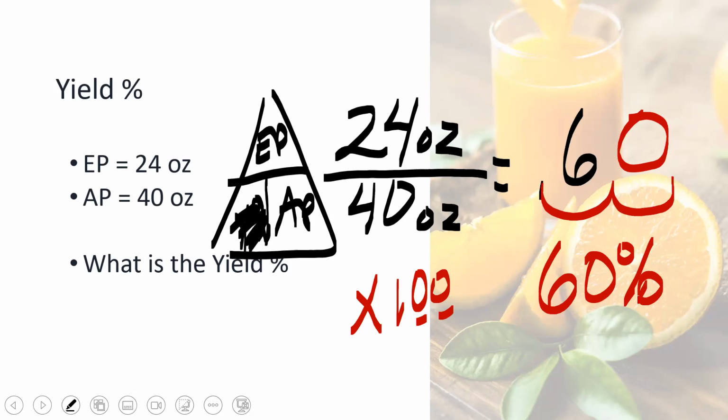So now I can use that 60% yield percentage to calculate either how much to purchase when I know I need a certain amount, or how much I can expect to have if I purchase a certain amount of oranges.